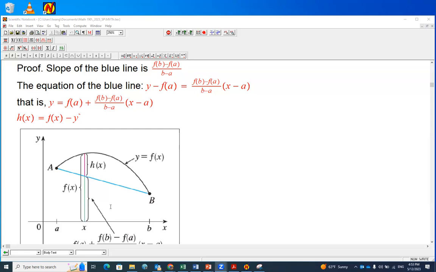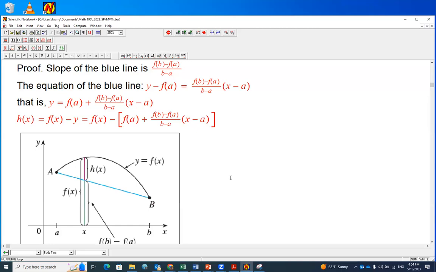Now you can see h of x is going to be the function that looks like this algebraically. So we keep the f of x, subtracting y, and this whole thing is y, so we're going to put it in the bracket. We subtract that.